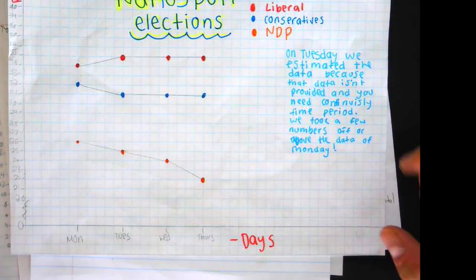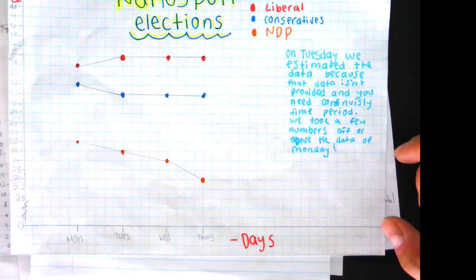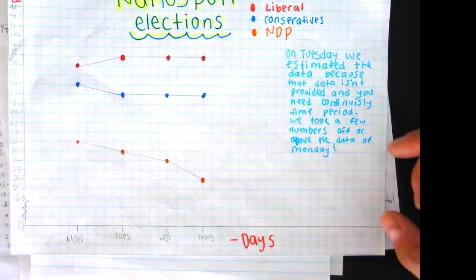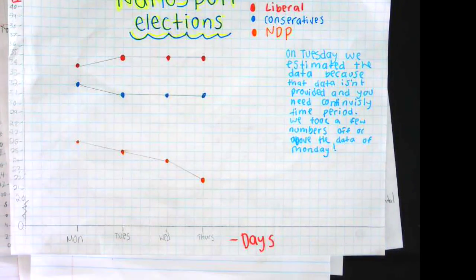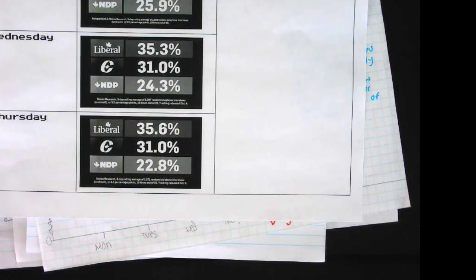Okay, so they used some reasoning skills to predict the Tuesday information. Why was making Tuesday's prediction relatively easy for you guys? Because when I was observing, I saw everyone pretty much had the liberals on Tuesday at 34, the conservatives at about 31, and the NDP was at about, say, 24, 25.